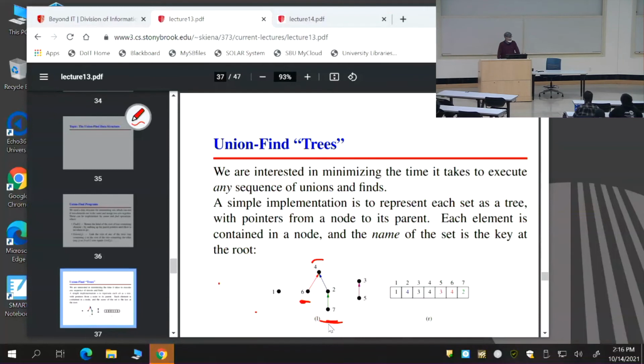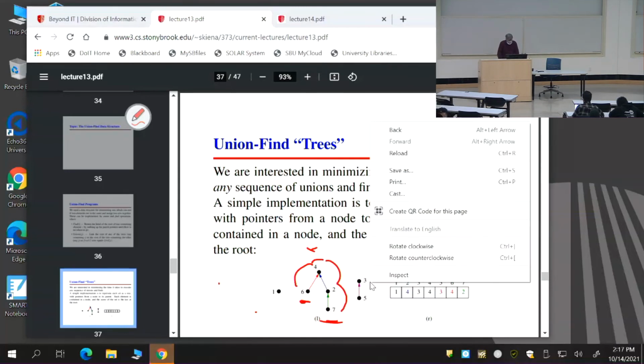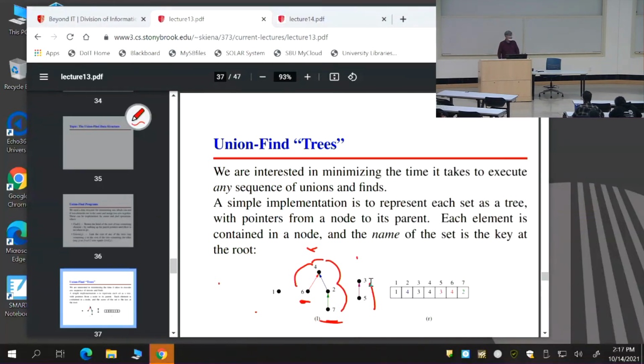We're going to start from the first one and walk up the parent pointers until we find the root, and start from the second one and walk up until we find its root. If the roots of the trees they're in are the same, they're in the same component. If they are different, then they are in different components. Any questions?